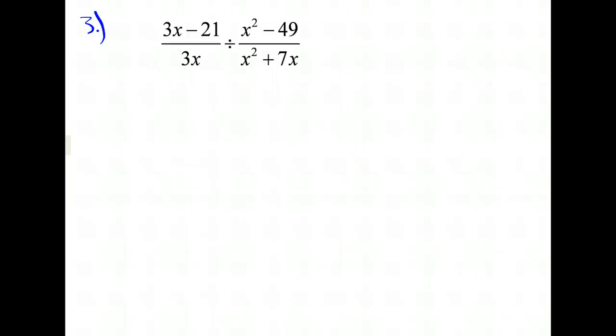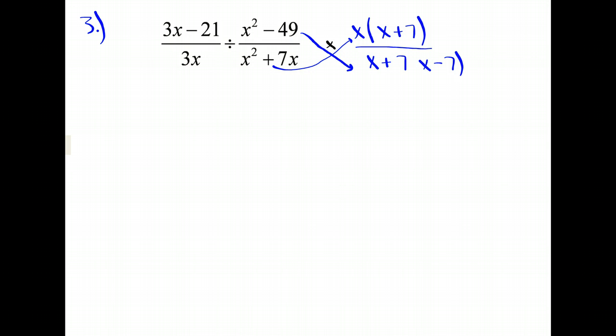Question 3 is a very similar question, except we're dividing. So you have to remember that dividing is the same as multiplying by the reciprocal. So I'm going to factor and reciprocate this second expression. If I factor the numerator, I get x times x plus 7. That comes from here, of course, because I flipped it. And then here, that's the difference of squares, x plus 7 times x minus 7.